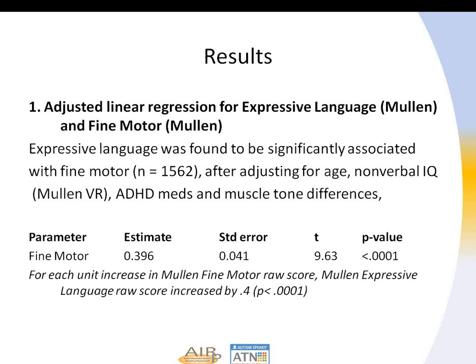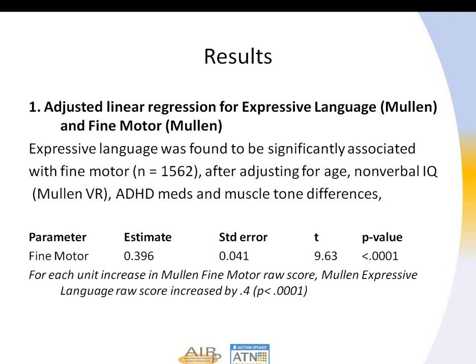So the results so far. The first measure we looked at was expressive language and how it relates to fine motor, and the test measure here is the Mullen for both. We found there to be a significant association between the two when controlling for age, nonverbal IQ, ADHD meds, and muscle tone differences.